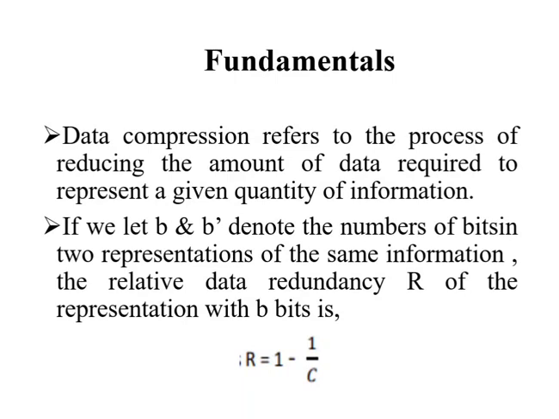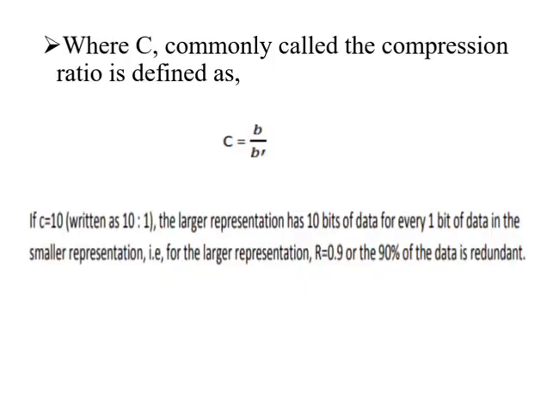If we let B and B dash denote the number of bits or information carrying units in two representations of the same information, the relative data redundancy R of the representation with B bits is R equals 1 minus 1 upon C, where C is commonly called the compression ratio, defined as C equals B upon B dash.